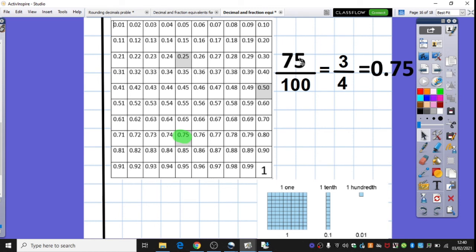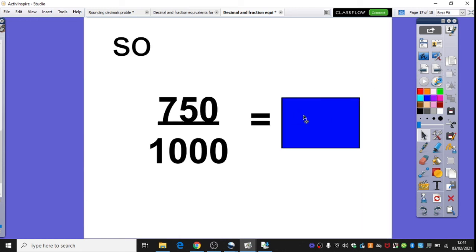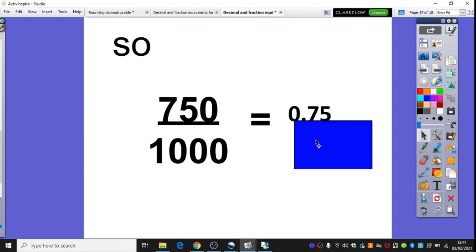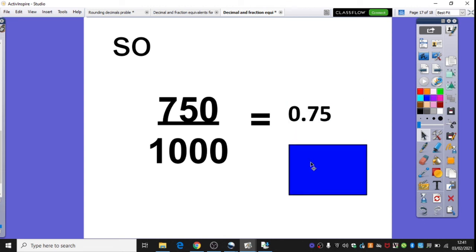So actually 75 hundredths is equal to 3/4 is equal to 0.75. And again then, 750 thousandths is also equal to 0.75.